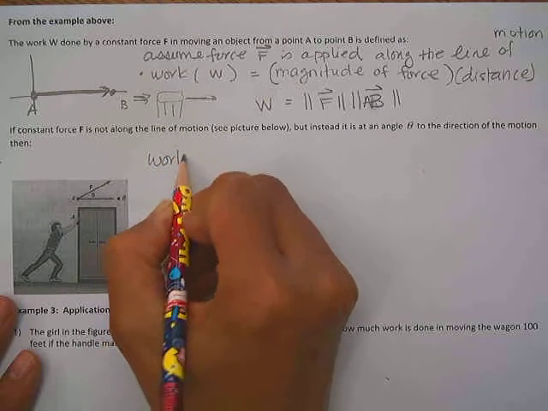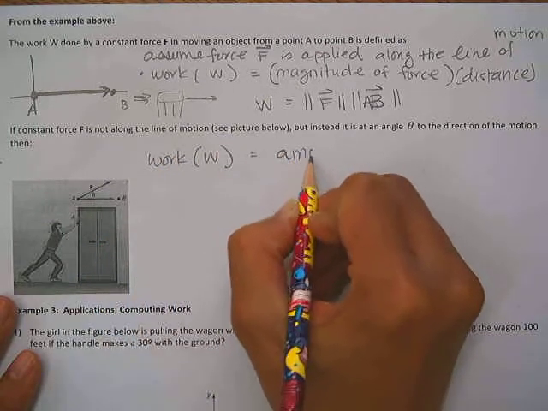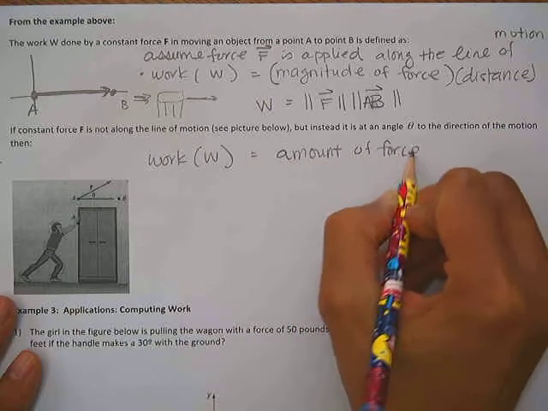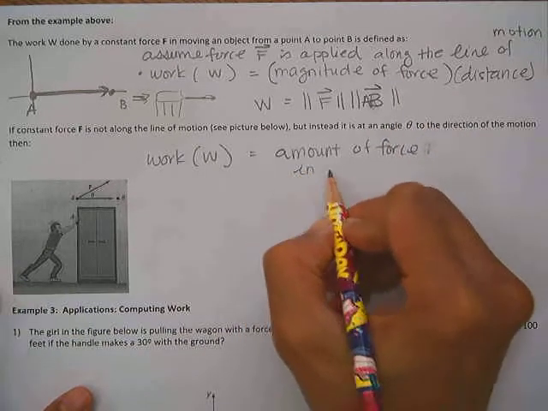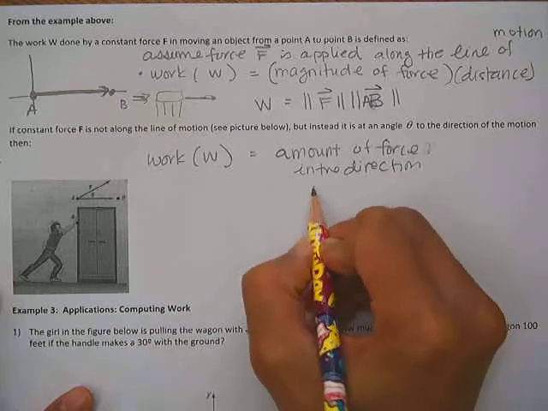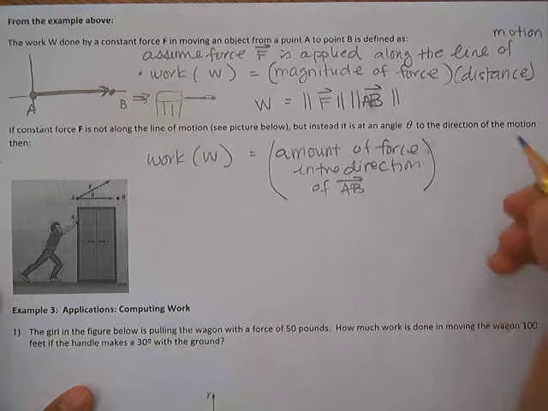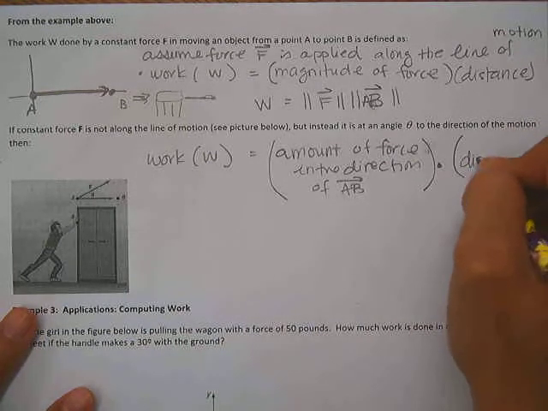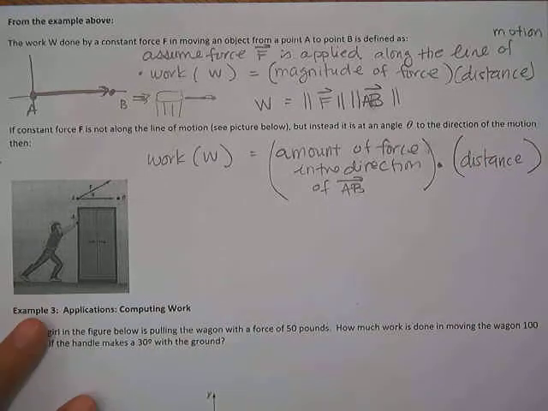We want to find the work again, which is represented by W, equals the amount of force in the direction of segment AB, and we're going to do the dot product with the distance of how far we're moving, which is segment AB.